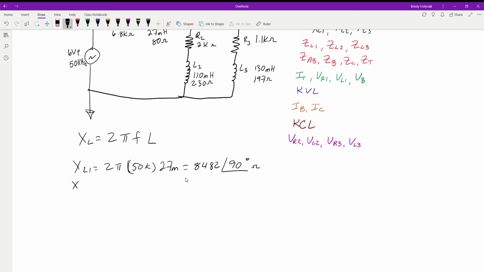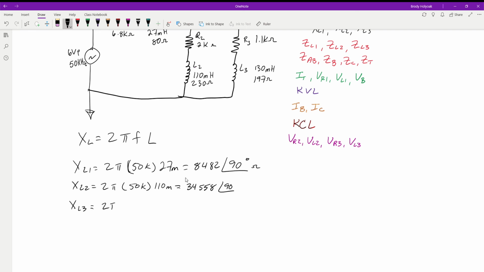To find the inductive reactance of inductor 2, it is 2 pi times our 50 kilohertz times our 110 millihenries, and that gives us 34,558 at 90. Then we want to find the inductive reactance for inductor 3.